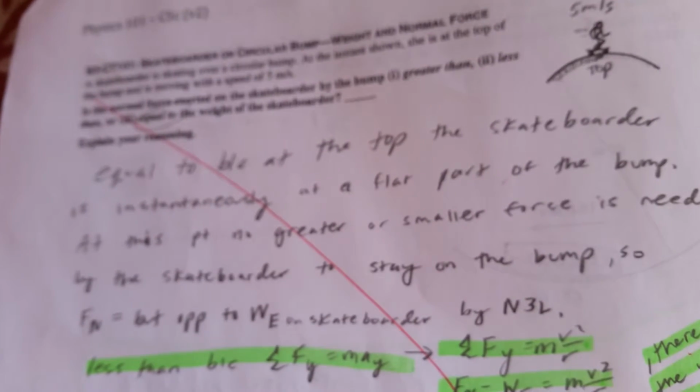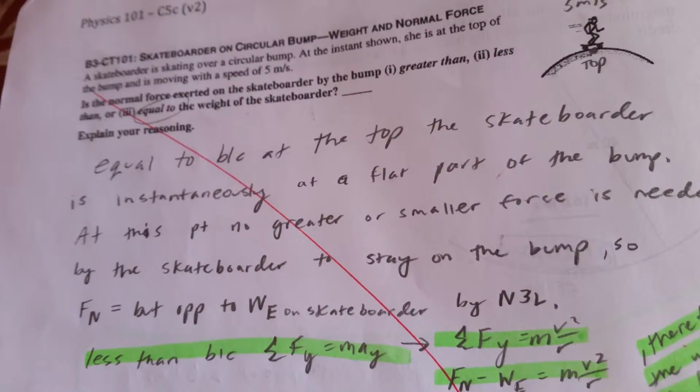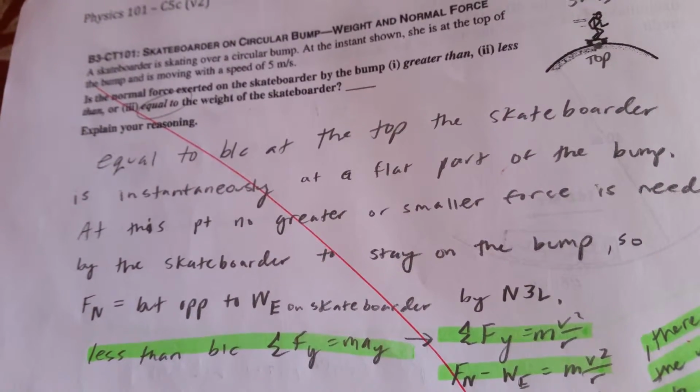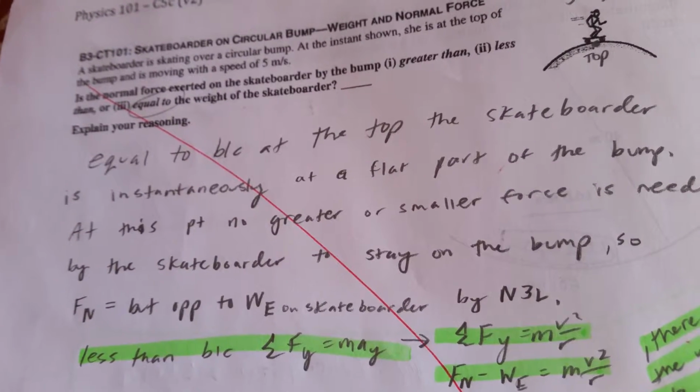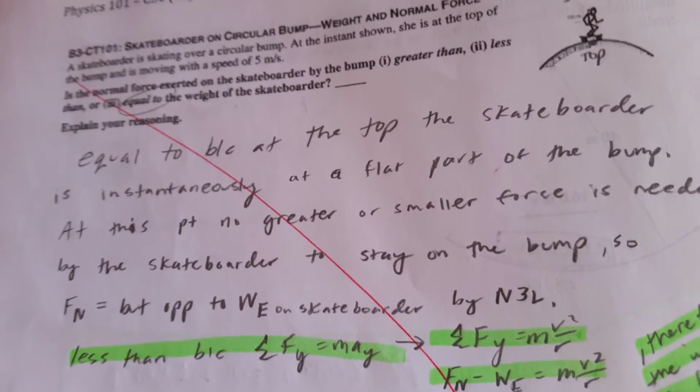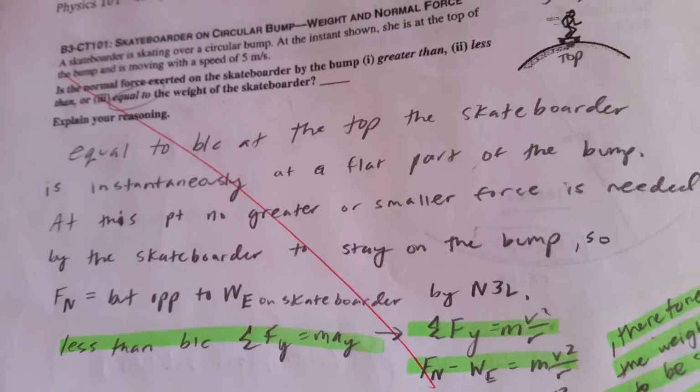So the end answer is just that the force exerted on the skateboarder by the bump is less than the weight of the skateboarder on the bump.